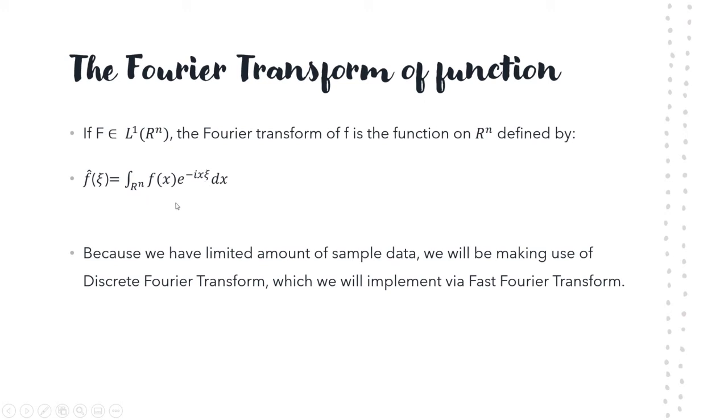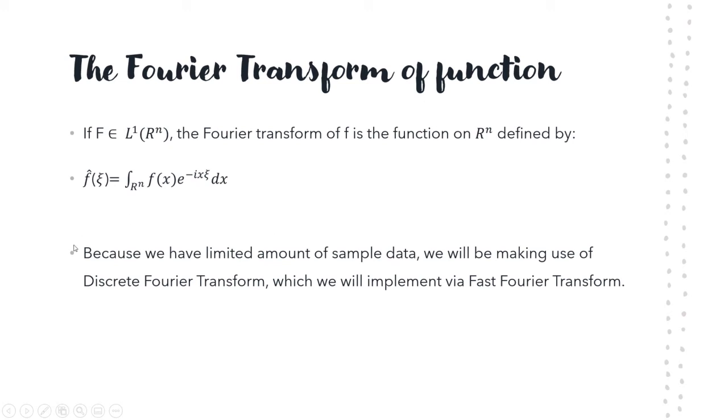And what we want here is for f of x to belong to L1. Belonging to L1 means that it needs to be absolutely integrable, so we want that integral of the absolute value to be less than infinity. So this is basically the Fourier transform of a function.